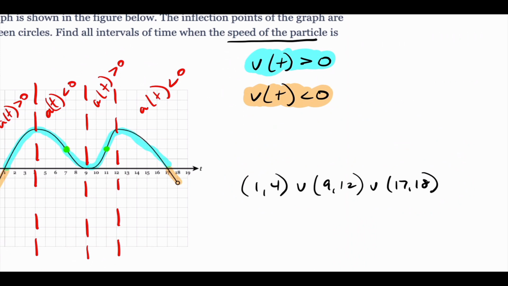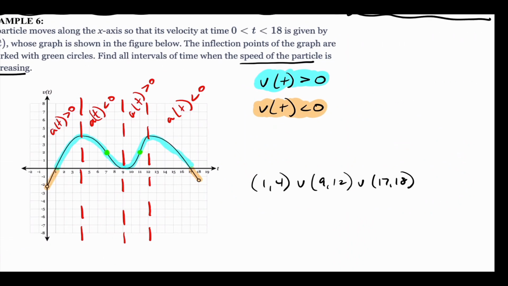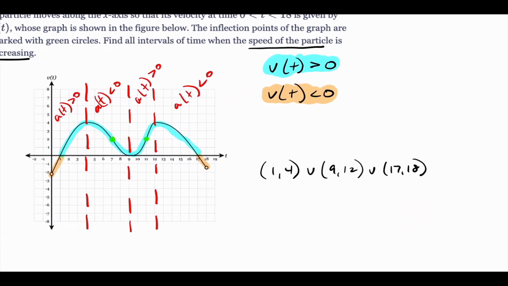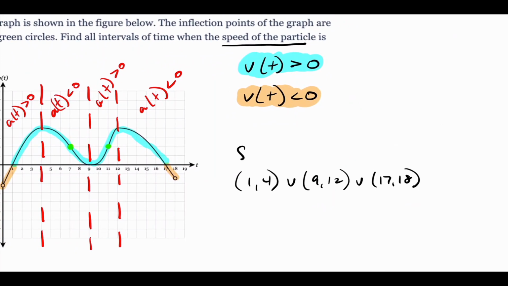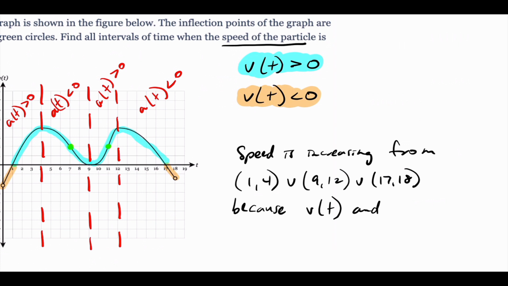Okay, so we say the particle's speed is increasing from these intervals because velocity and acceleration have the same sign.